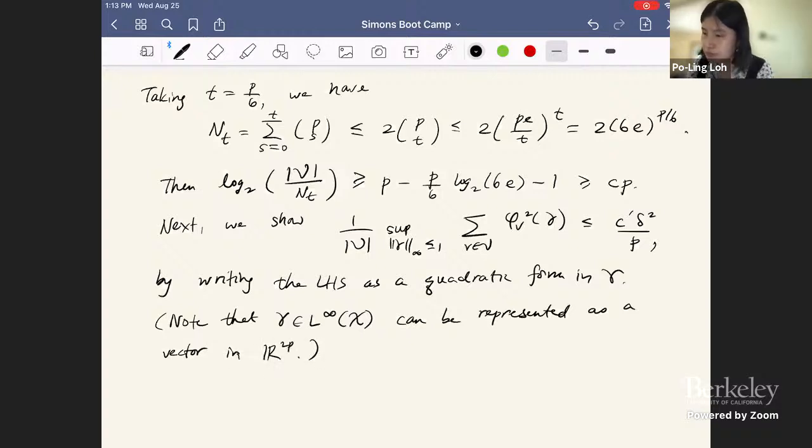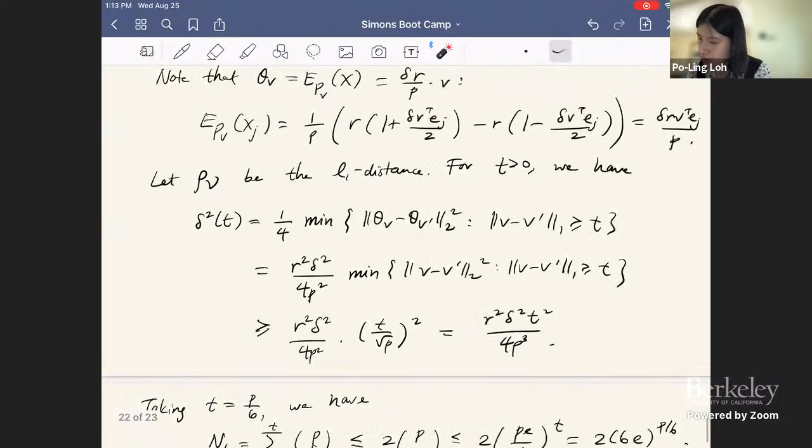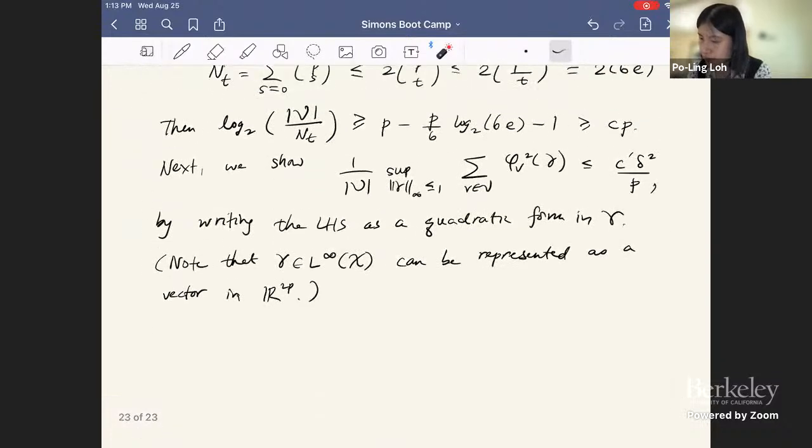So this notation here means that it's a bounded function defined on the space of X. And remember that X itself could only take on 2p possible values, all of these plus or minus r e_j. So I can represent a function as a 2p dimensional vector, which just tells me what every coordinate is. And if you ignore this supremum part, this quantity here can be written as a quadratic form in gamma.